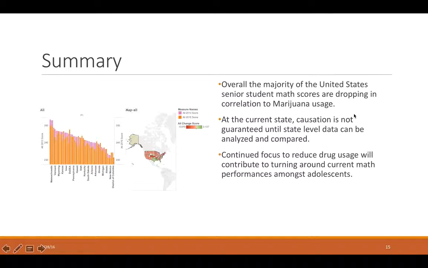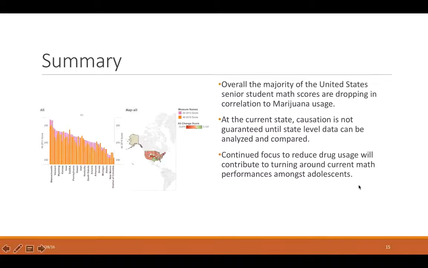In summary, the majority of the state's student math scores are dropping in correlation with the usage of marijuana. At the current state, the causation is not guaranteed, until I can get the state level data and have it broken down further to verify the correlation carries over on that level, and also by the intensity or severity of the fallout per state that follows the test scores.